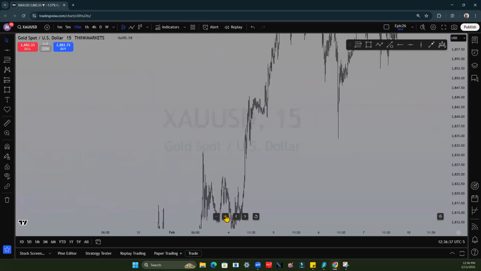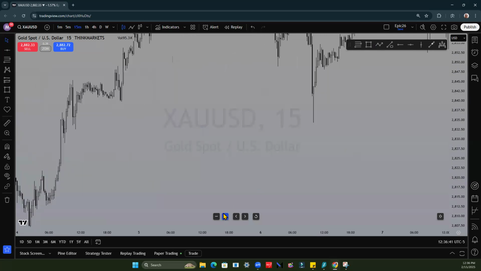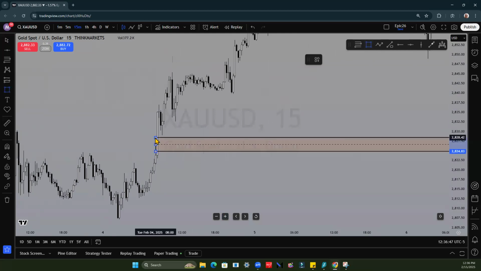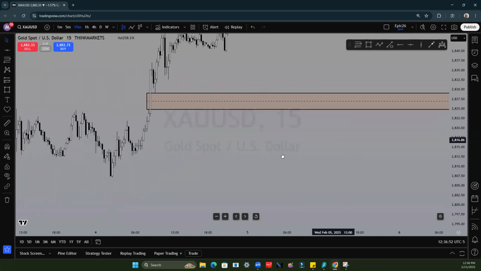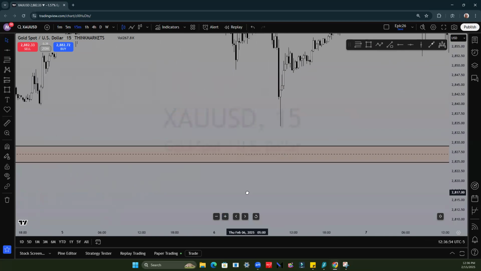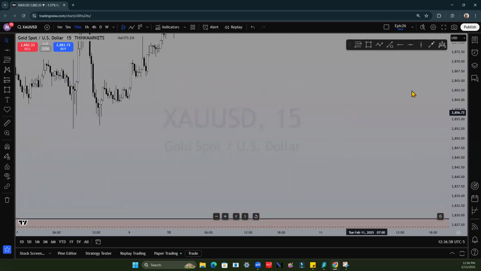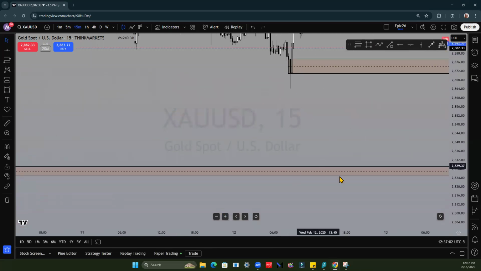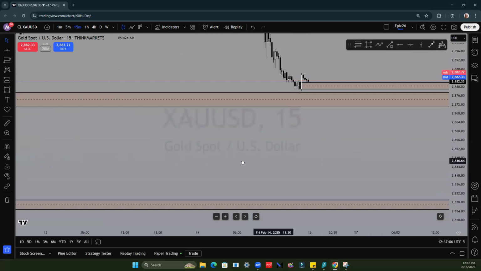If you look left, you'll see that there's a gap right here, right? So with that gap, which has not been filled, you can anticipate it. It may come down to this area at one point in time to fill that gap.